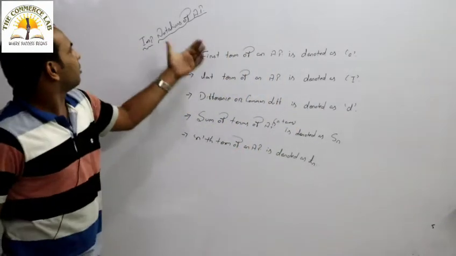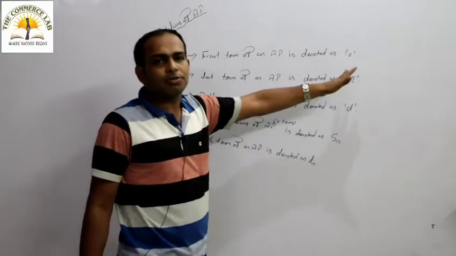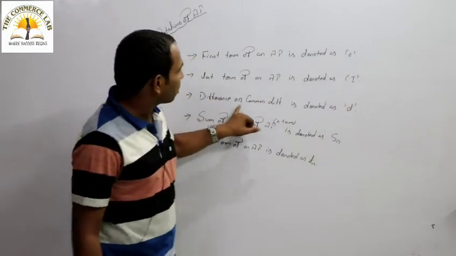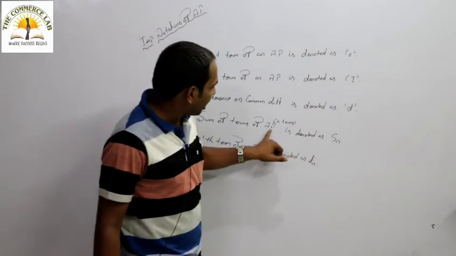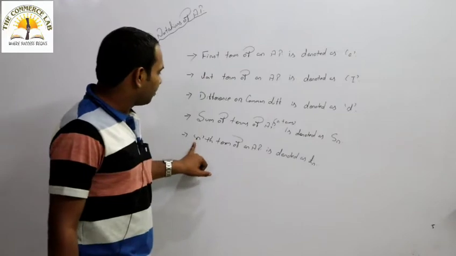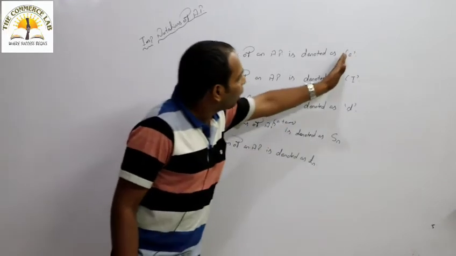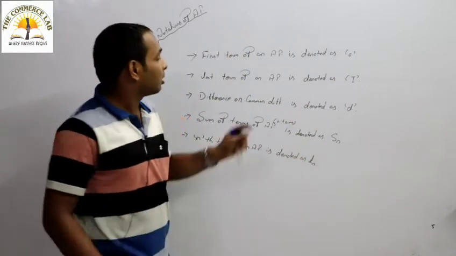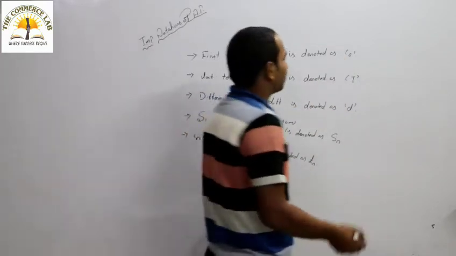So these are the important notations of an AP: first term small a, last term capital I, common difference d, sum of n terms Sn, and nth term Tn. All these notations are used while we are solving problems. Okay, so come to one example.